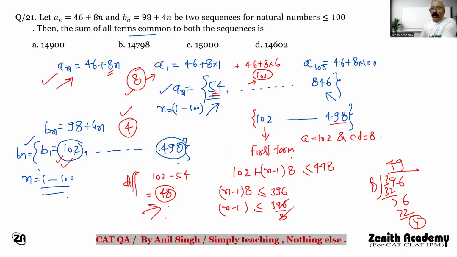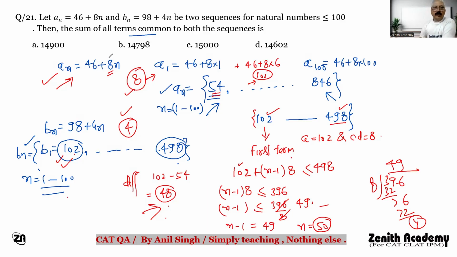So this is 49 point something. Okay, take the whole number 49 because the number of terms will be a whole number. So n minus 1 equals 49, so n is 50. So there are 50 terms between 102 and 498 which are common.